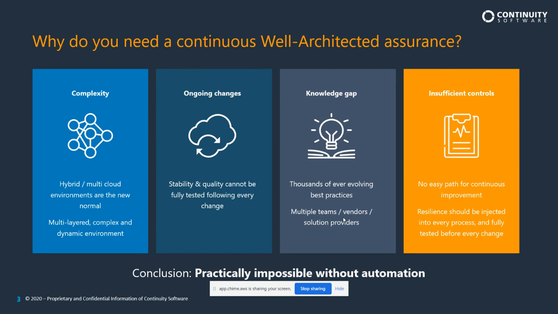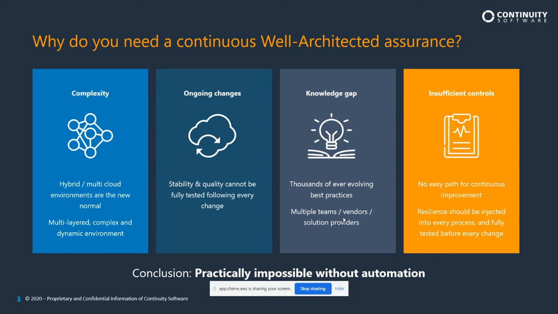Very quickly about why Continuous Well-Architected. I'm sure that all of you are familiar with that, so I'll run through it very quickly. In general, it's a combination of complexity from the perspective of teams and technology, specifically with enterprise customers, ongoing changes, customers that are running several deployments to production, rolling updates to production, and a knowledge base with the pace of innovation coming from AWS, and having the right controls in place.